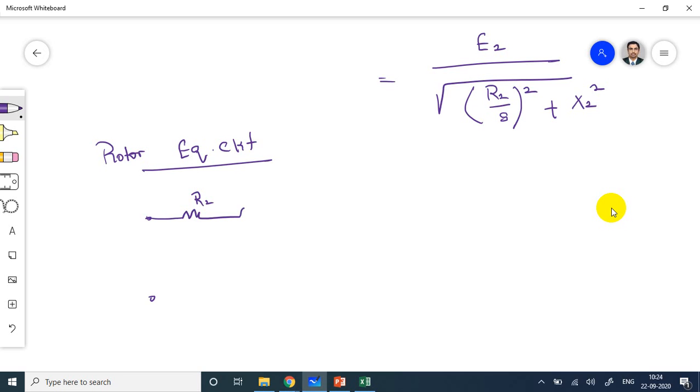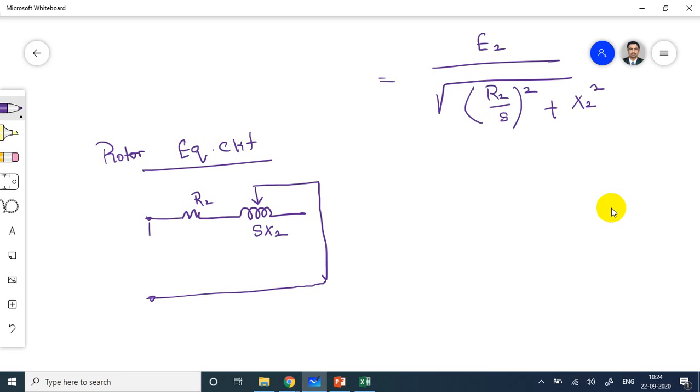This is R2, this one is reactance X2R. What is the formula for X2R? S into X2.